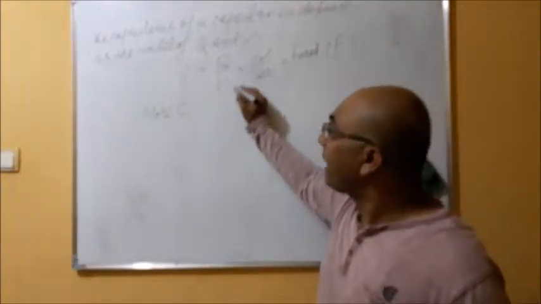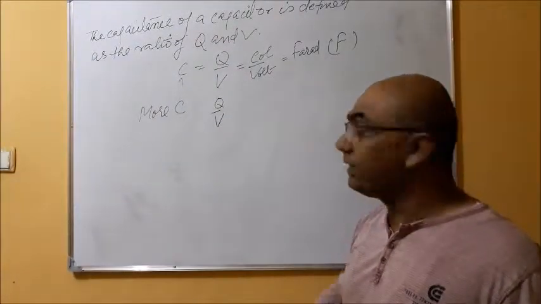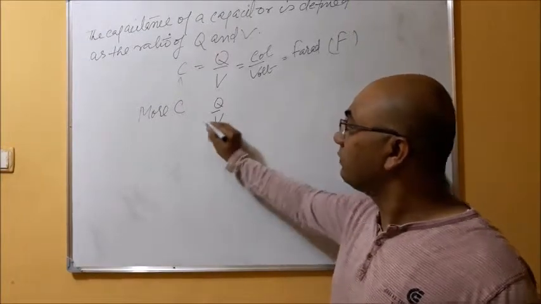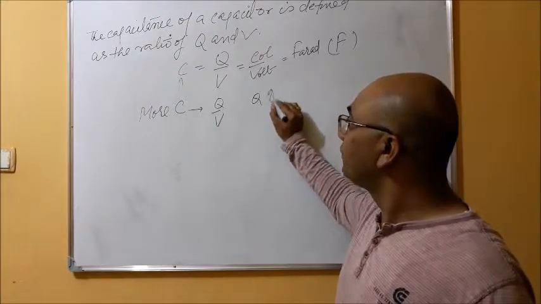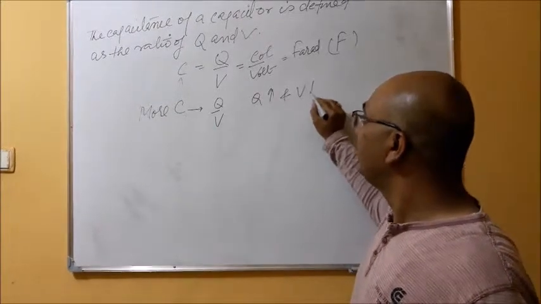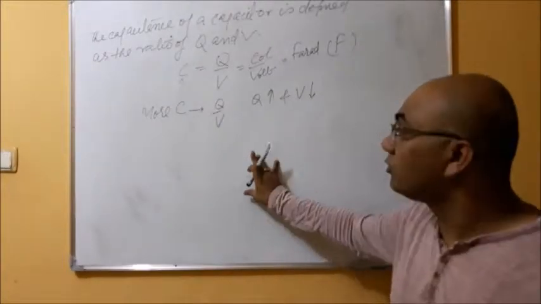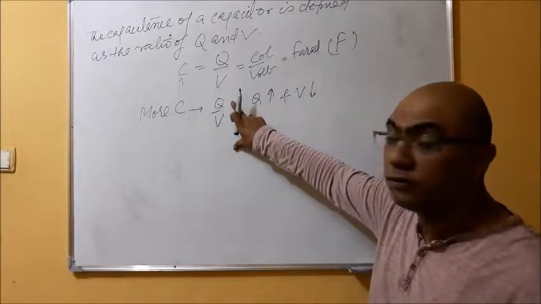I can get it by managing the ratio of Q and V. Right? This means for getting more C, what will I do? Increase Q and decrease V. According to the mathematical formula, for getting more value of C, we have to increase the value of Q and decrease the value of V.